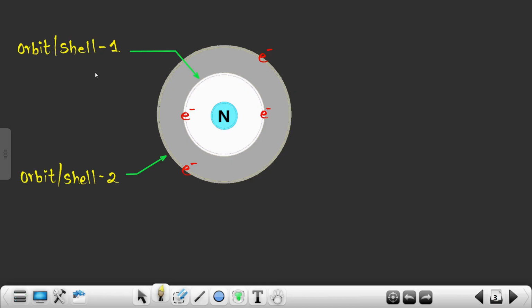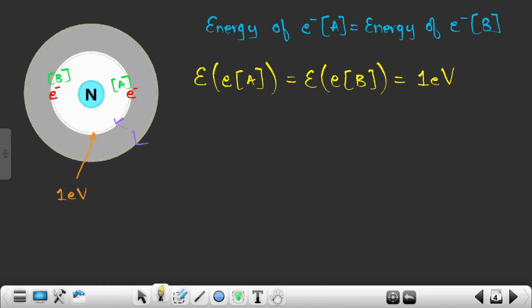I also showed you two shells over here. Again, this is a random atom, and we are assuming that there are 2 electrons present in each and every shell. If you look very clearly, we just assume 2 random electrons, electron A and electron B. So the energy of electron A is equivalent to the energy of electron B, and we also assume that the innermost shell has a fixed energy level, that is 1 electron volt, and as you can see, I had clearly written over here.